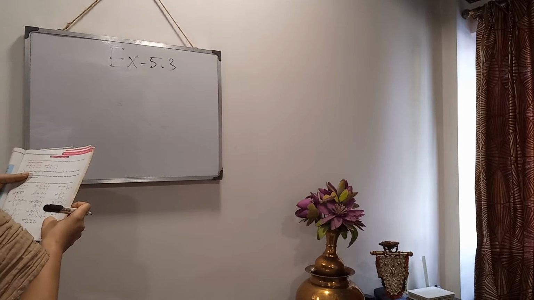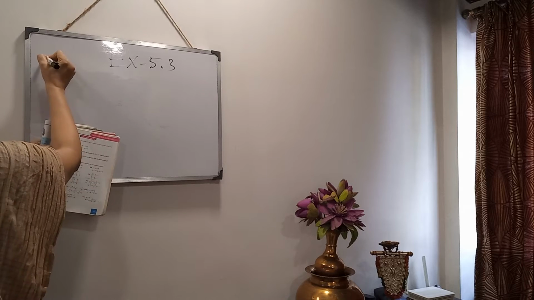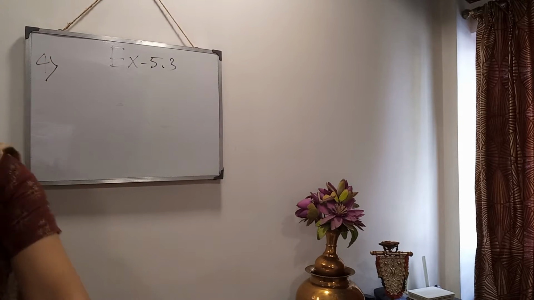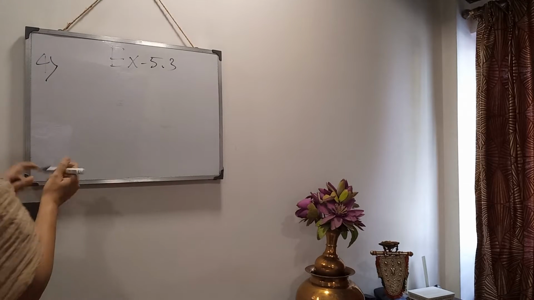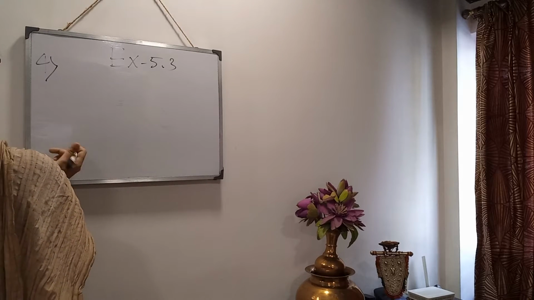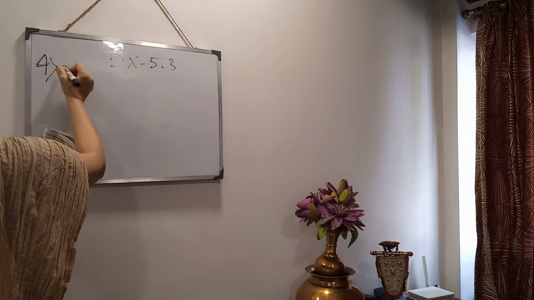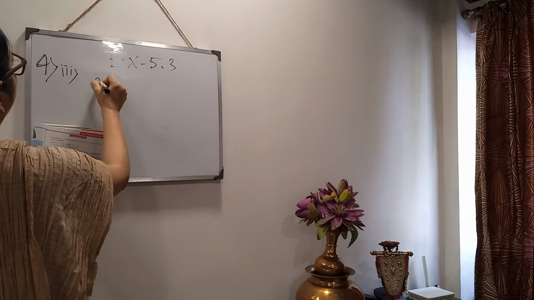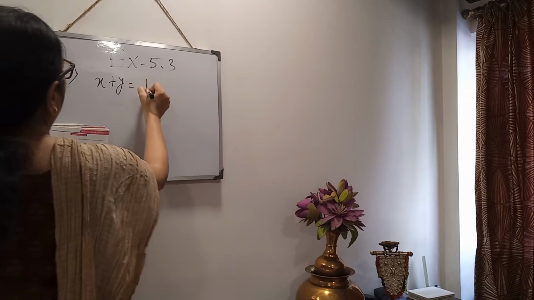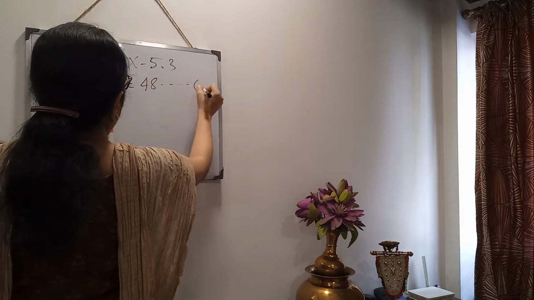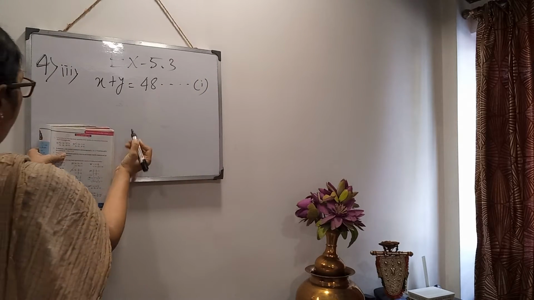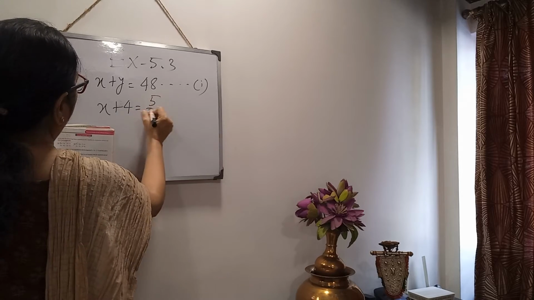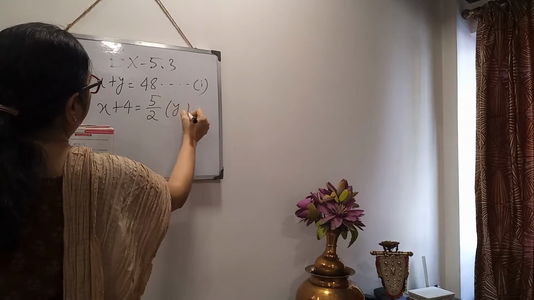First an easy one I am doing, sum number 3. x plus y equals 48. This is my equation number 1. And another is given, x plus 4 equals 5 by 2 into y plus 4.